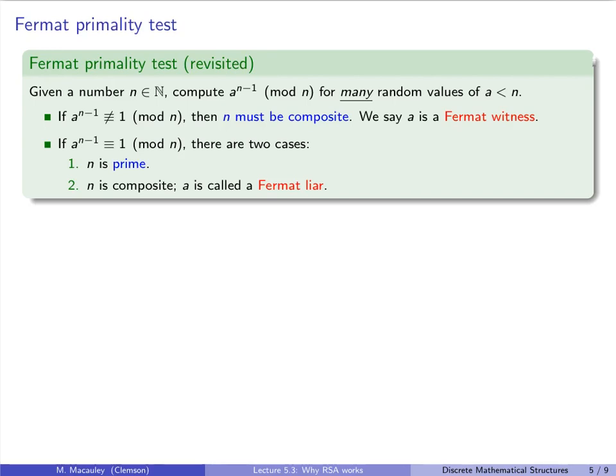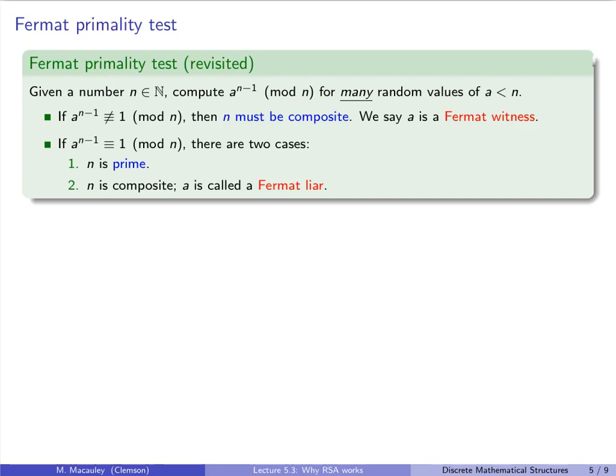As before, I'm going to give you a little bit of a spoiler for this, because I really think that knowing where we're going, seeing a preview, really helps make new material seem a little less mysterious. So if we have an n and it happens to be composite, then every value of a that we choose is either going to be a Fermat witness or a Fermat liar.